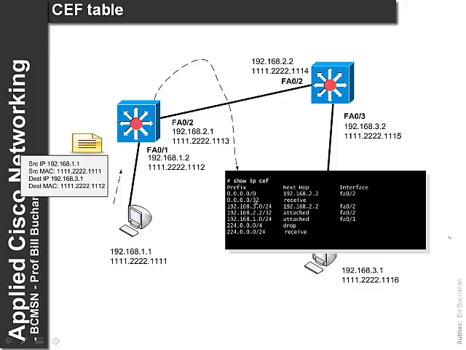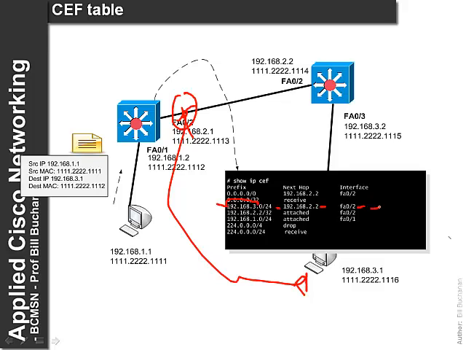The CEF table in this case shows the forwarding table. So in this case, anything that has 192.168.3 will be sent to this IP address from that interface. So we can see here that anything that's destined for this network will always be sent out that interface.